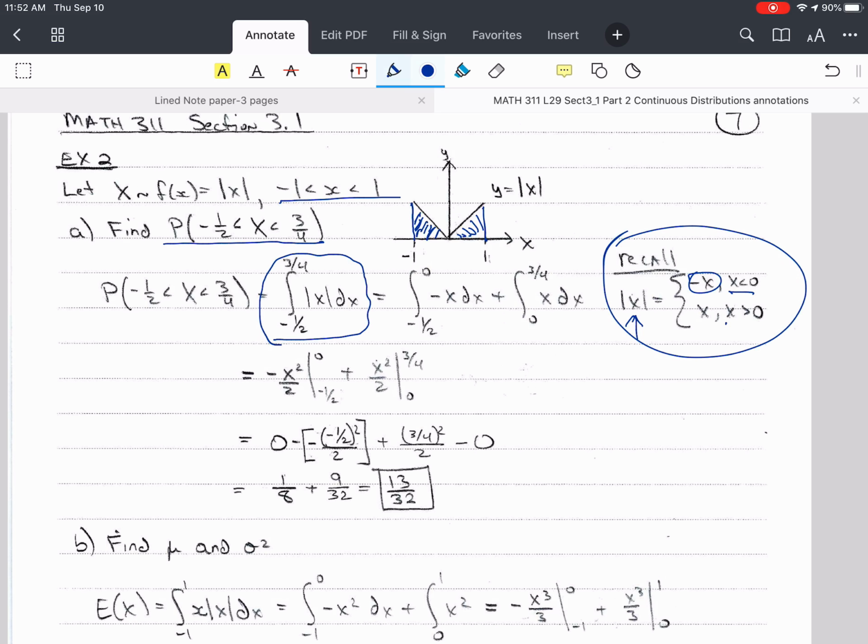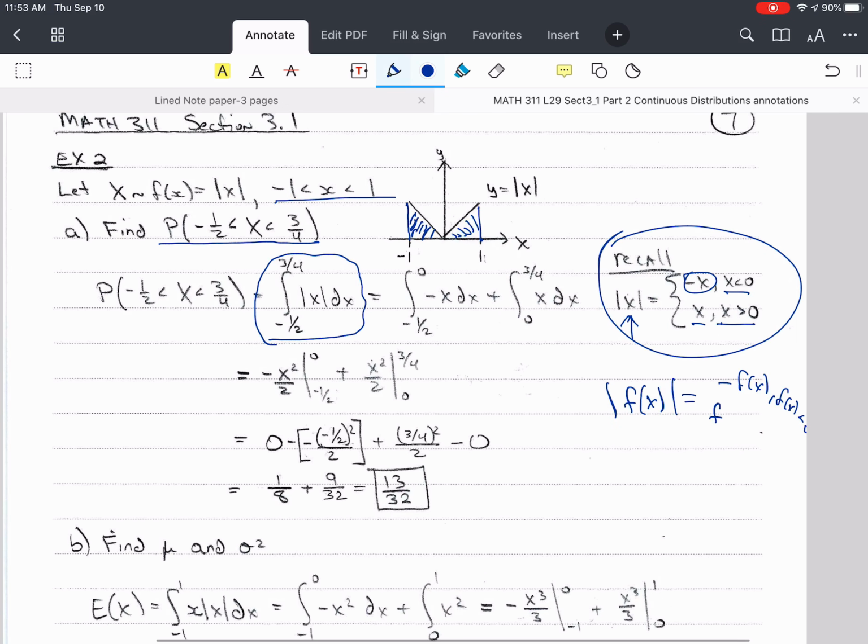And when it's positive inside the absolute value, use whatever is in the absolute value. So it doesn't have to just be x there. You could have f of x. And then, so the absolute value of f of x is equal to negative f of x when f of x is less than 0. Sorry, I got scrunched up there. Or f of x when f of x is greater than 0.